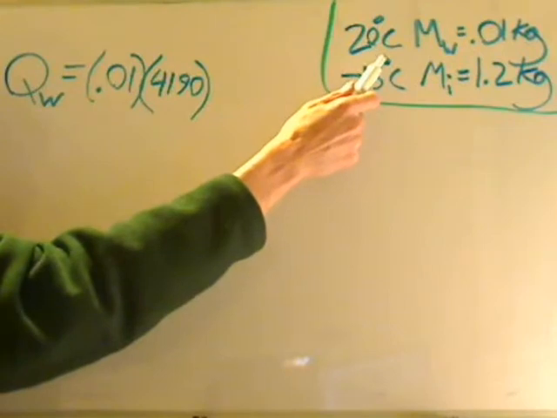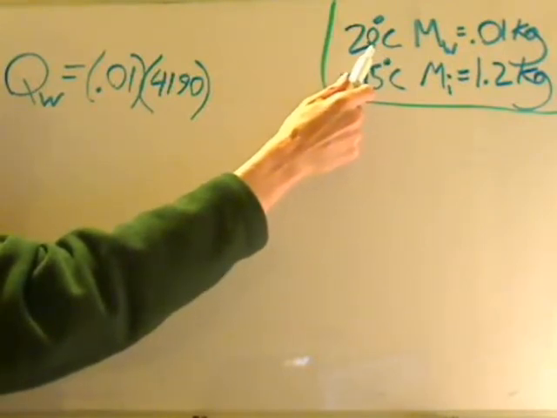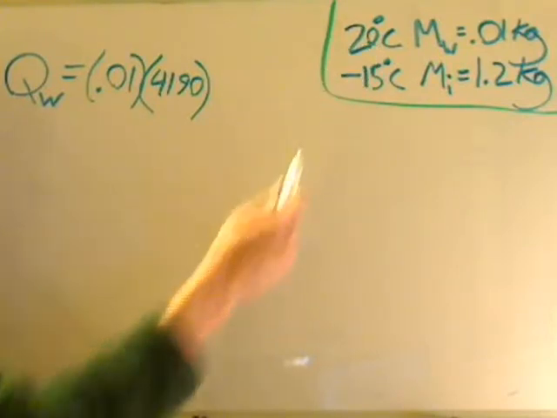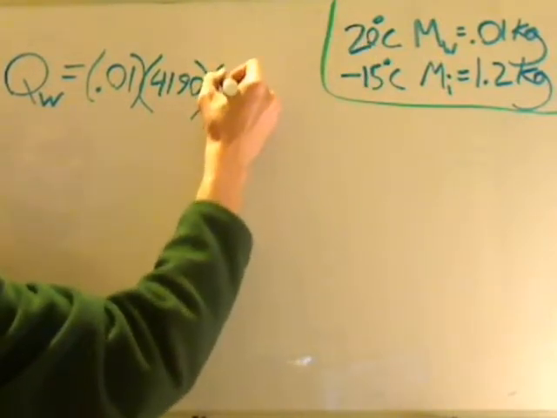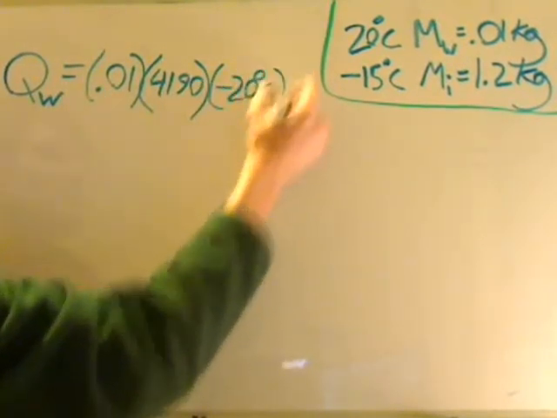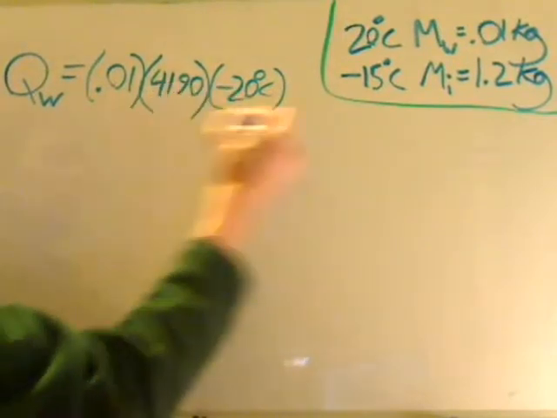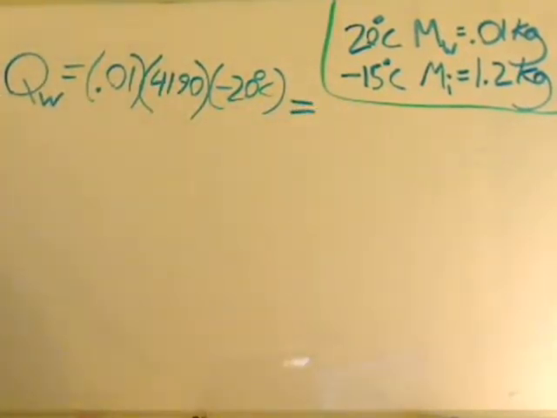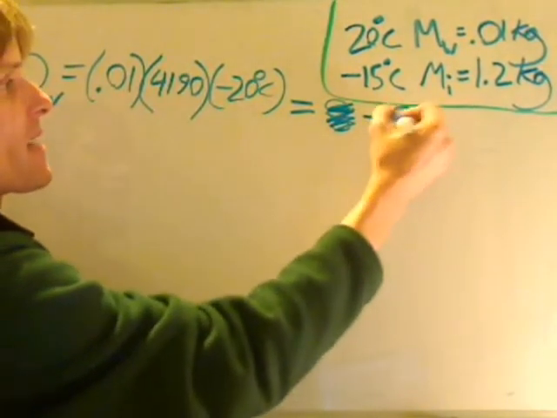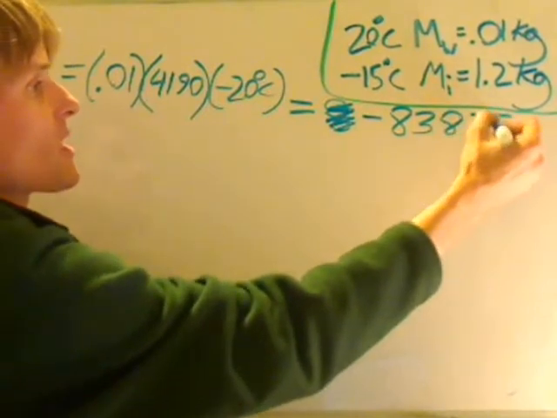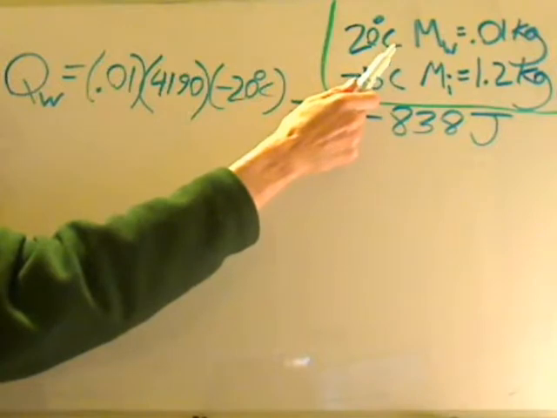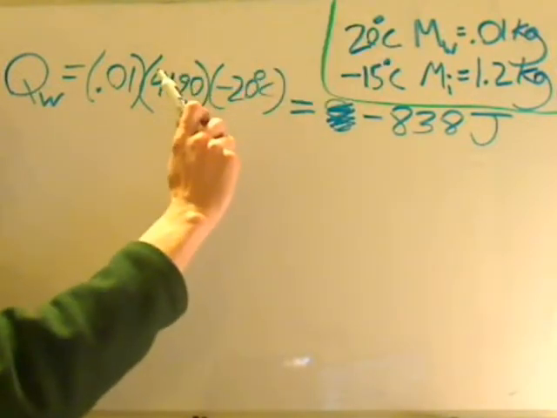When it cools to the freezing point, the temperature goes from 20 degrees Celsius to 0, a temperature change of minus 20 degrees Celsius. You multiply those together and you get a heat of negative 838 joules. So that's how much heat is released when this water cools to 0 degrees Celsius.